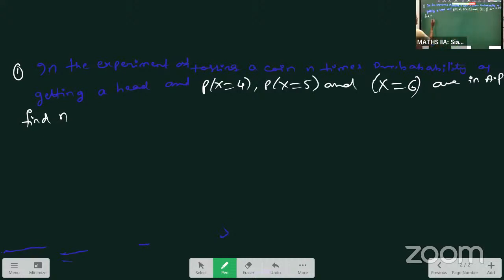Then find the value of n. This is the question. It is the most important question.